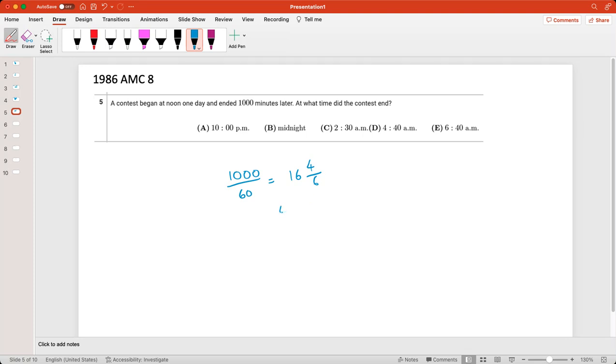So this 4 by 6 into 60, okay, is going to give me 40 minutes. Okay, so I have 16 hours and 40 minutes. Add that to 12 noon and you are going to get 4:40 a.m., which is answer option D. Okay, moving to the next question.